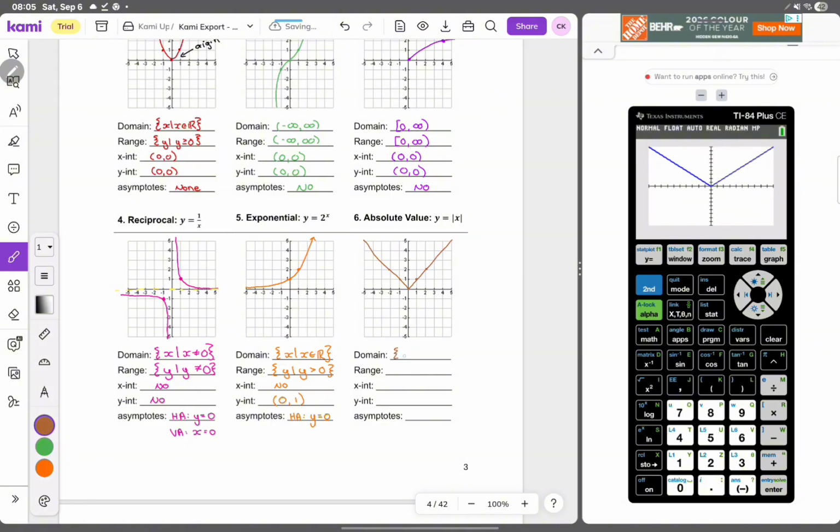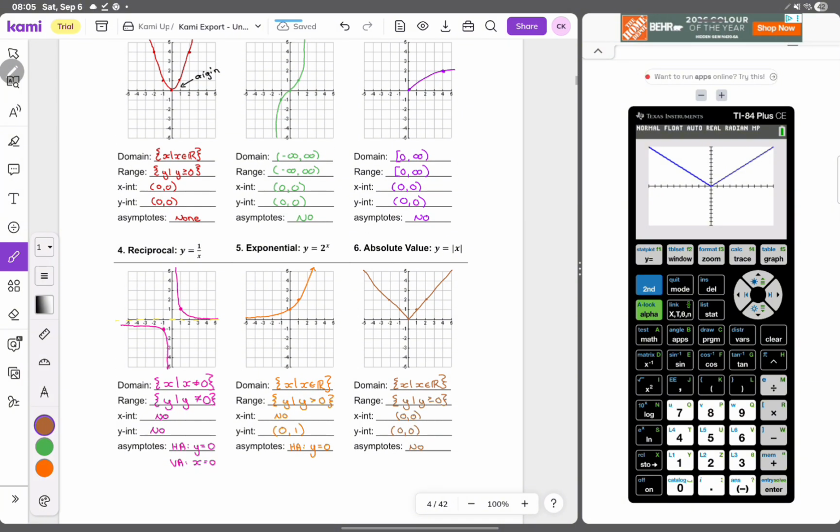So domain x such that x belongs to all reals. Range y such that y is greater than or equal to 0. We have (0, 0). And we have no asymptotes in this case.